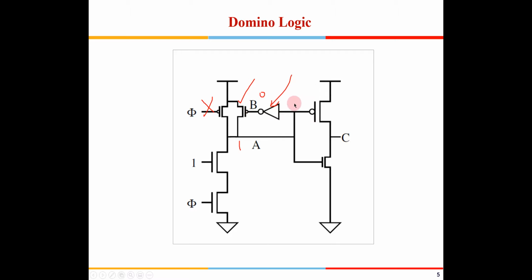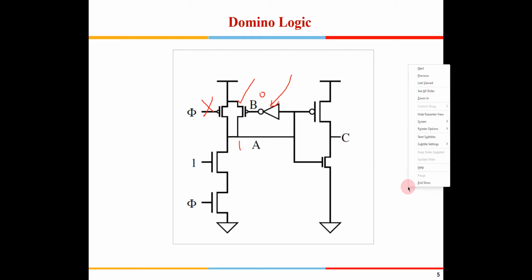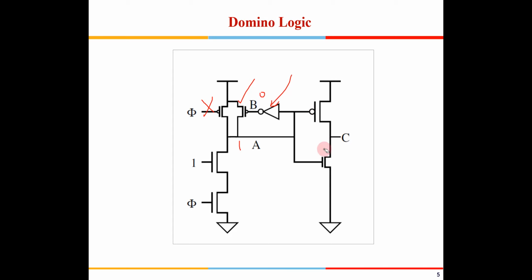And then in the domino logic, I have one more inverter which has been inserted here, right?